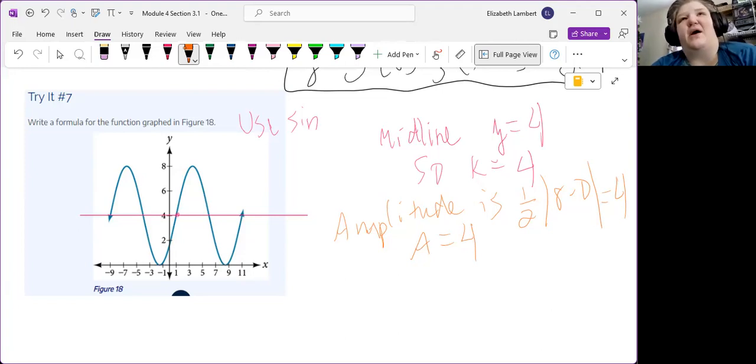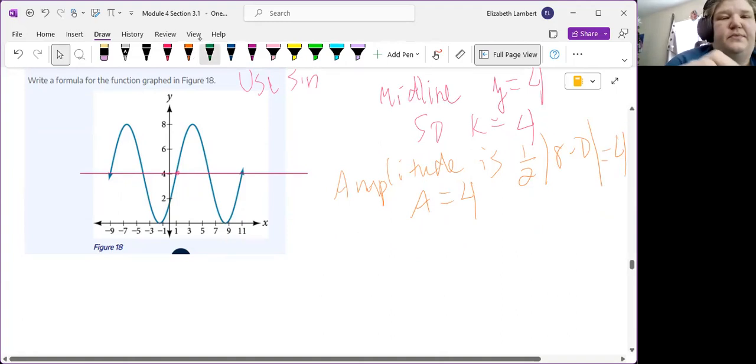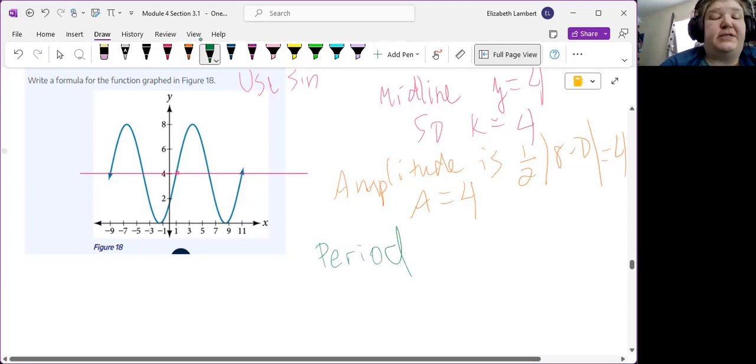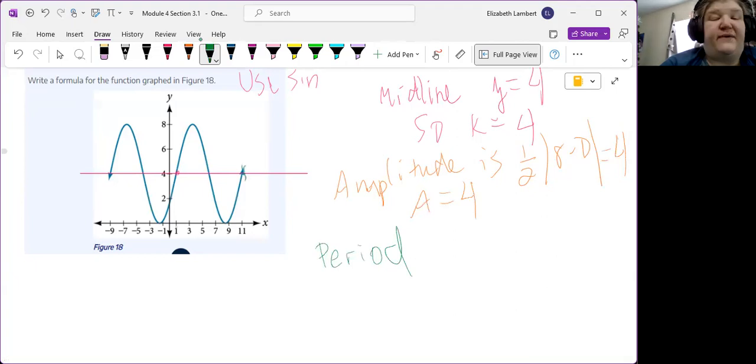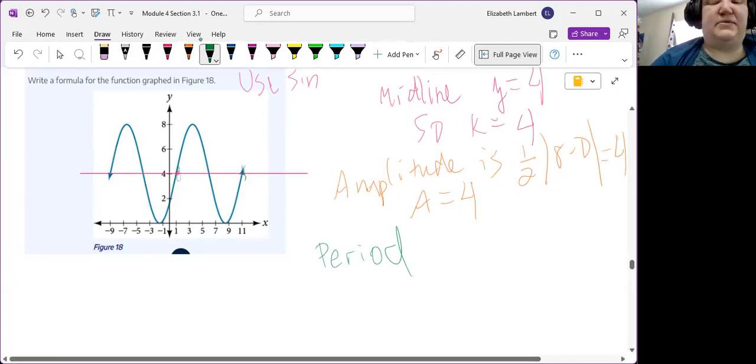Now we've got to figure out our period, so we can figure out B, and then our phase shift. So it looks like our period starts at 1 and then goes to 11. So 11 minus 1 is 10.